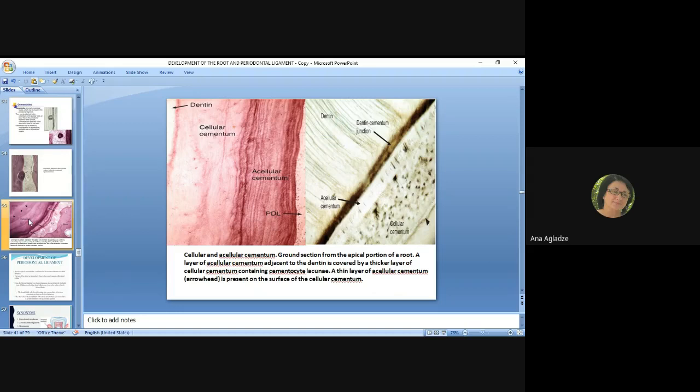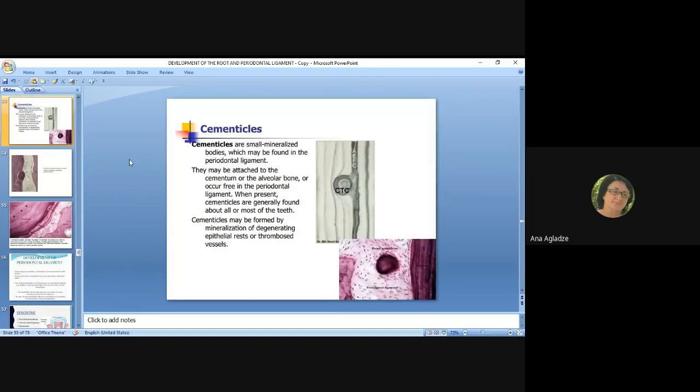It can be localized or occur extensively over the entire root cementum, and here you can see these are cementicles, which are small mineralized bodies, which may be found in the periodontal ligament or attached to the cementum or alveolar bone, or occur free in the periodontal ligament.